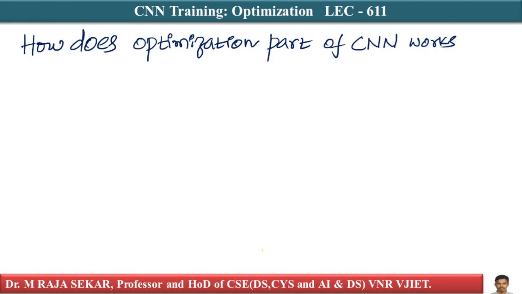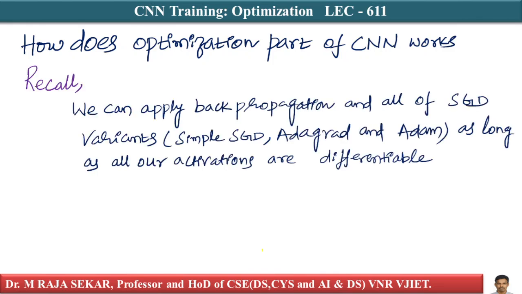Remember, when we learned multi-layer perceptrons, we learned that we can apply backpropagation and all of the SGD variants that we learned: simple SGD, AdaGrad, Adam, and all of these algorithms, as long as all of our activations are differentiable. Look, at the end of the day, we have X and we have Y, and we have some parameters.